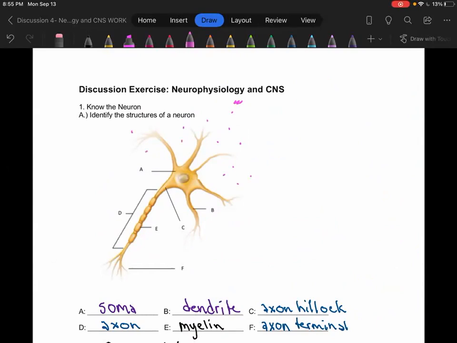A bunch of neurotransmitters are going to leave the previous neuron and surround the dendrite and cell bodies.